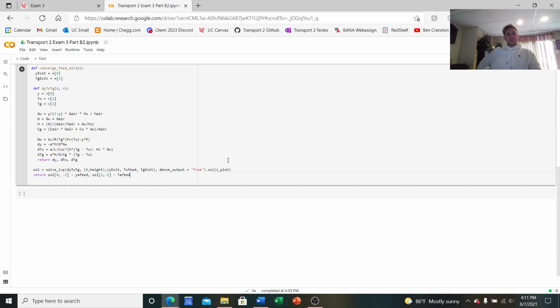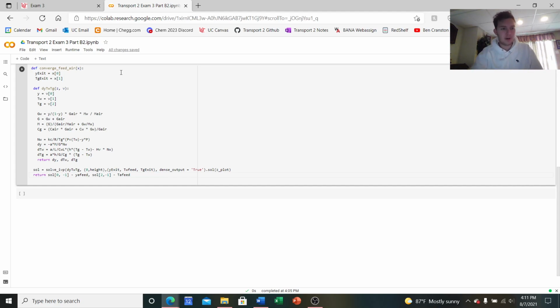We are pretty much returning the values of those two guesses that we don't really have. So we're taking more accurate guesses on what they are going to be as they exit the system. And so this first one, like I said, is giving us the mole fraction of water as it's progressing downward through the system. And the second one is giving us back the values of the temperature of the gas feed as it's going up the cooling tower.